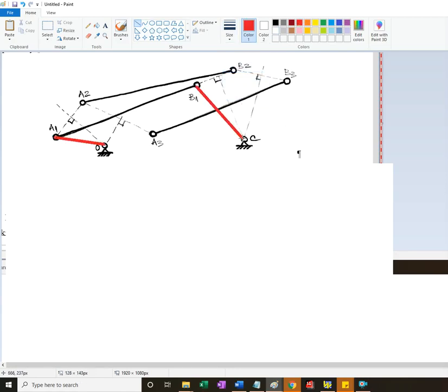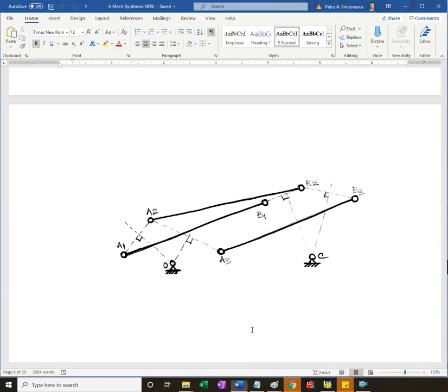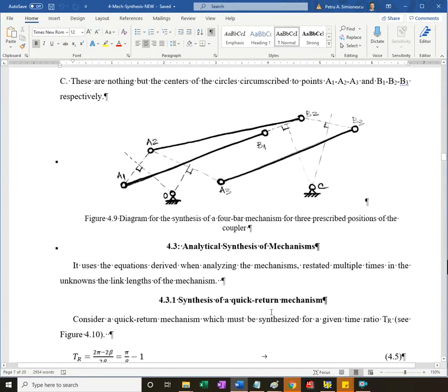Okay, and this one. So this is the 4-bar, and guaranteed it will take a line AB and will be exactly driven through this second position and through this third position. So this was a third graphical method.